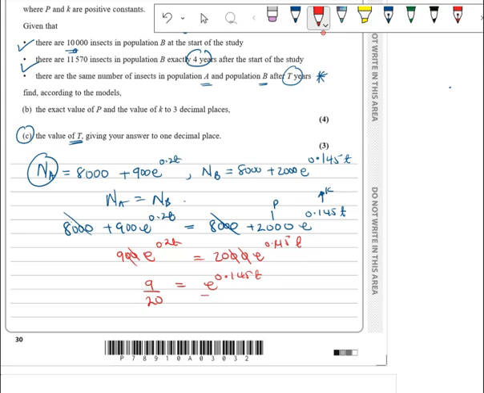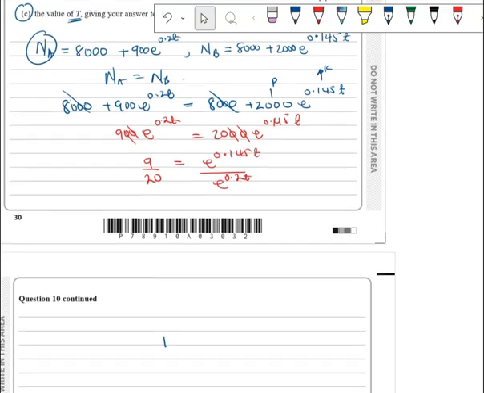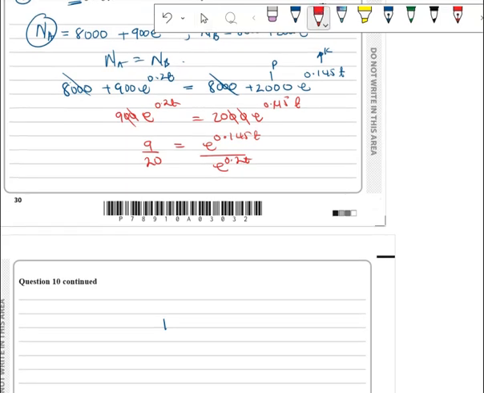Then I'm going to divide by e to the power of 0.2t. Then you do the math here, so you have 9 over 20 equals e, you join it. So when you are dividing, what do you do? You subtract, so you have negative 0.055t, and then you take natural log.